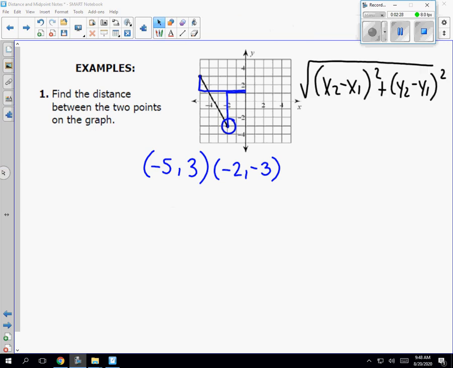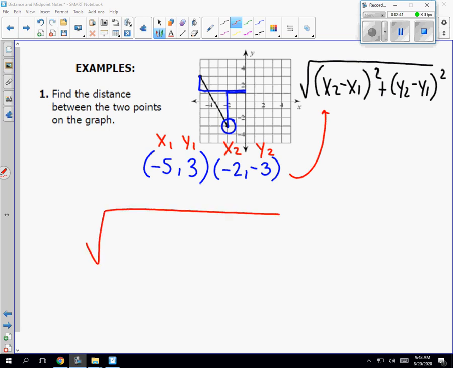Okay, so if I'm labeling, I'm going to have x1, y1, x2, y2. All I do is plug it back in. So I have the square root of x2, which is -2, minus -5, which is x1. If you subtract a negative, it turns into a positive, so it's really +5 squared.